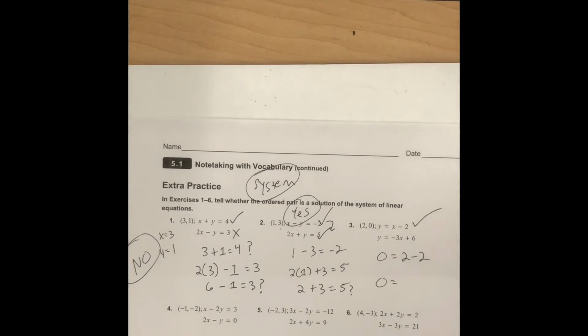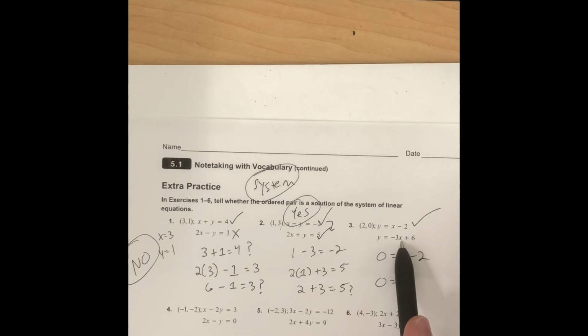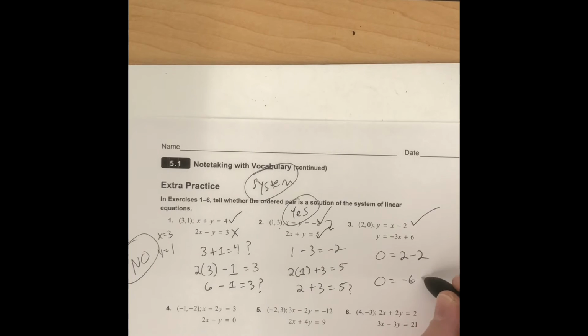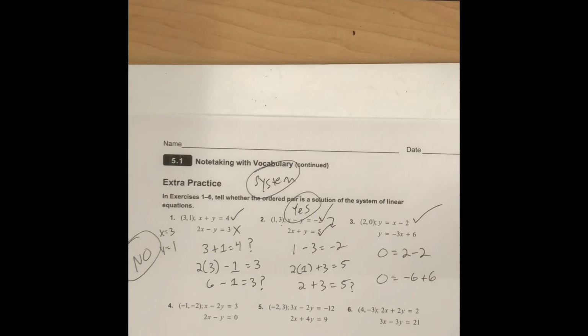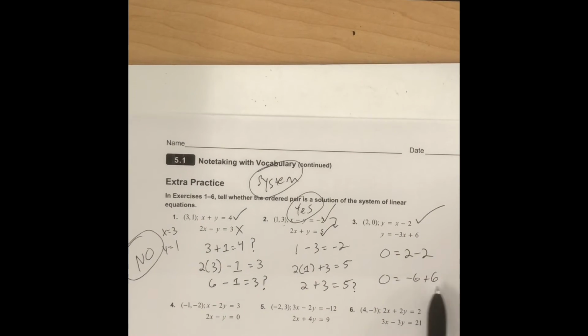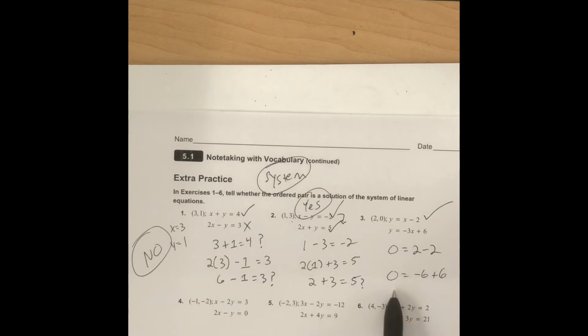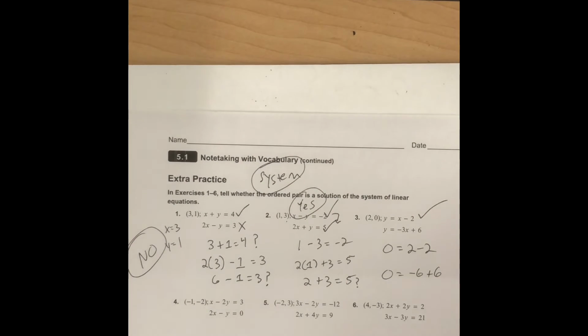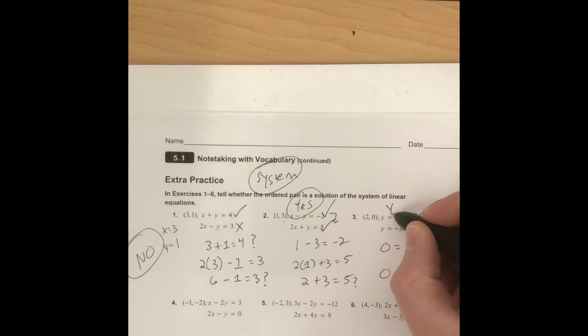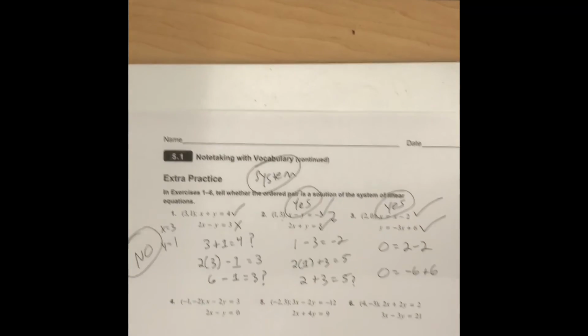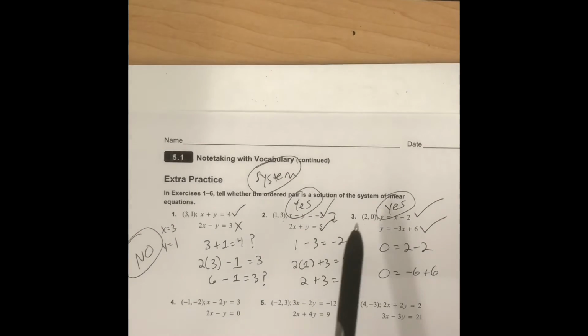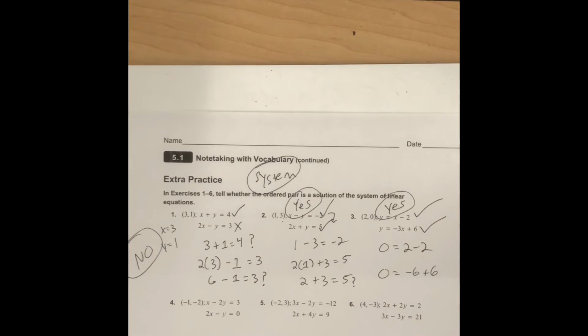So I'm going to plug in 2 into my x right there, and that's just multiplication, right? It's back to back. -3 times 2 is -6. What is -6 plus 6? Oh, sweet. That also equals 0, right? If they both check out with the same coordinate point, that means that, yes, we have a solution.